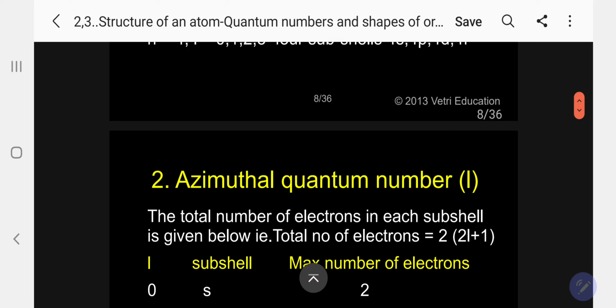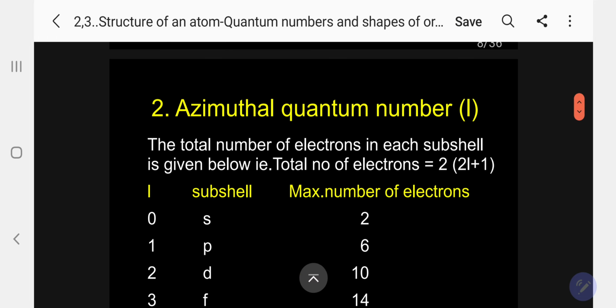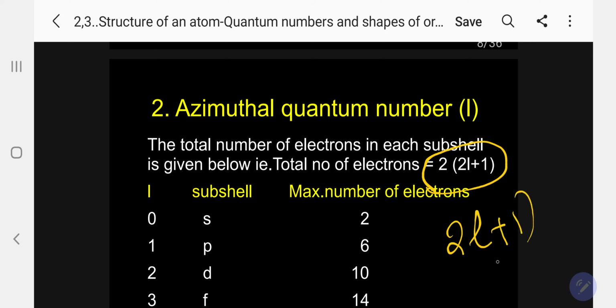Next one. Under the azimuthal quantum number, the total number of electrons in each shell is 2n square, and in each subshell it is given by 2 into 2l plus 1. The number of orbitals in a subshell is 2l plus 1, and multiplied by 2 gives the total number of electrons.